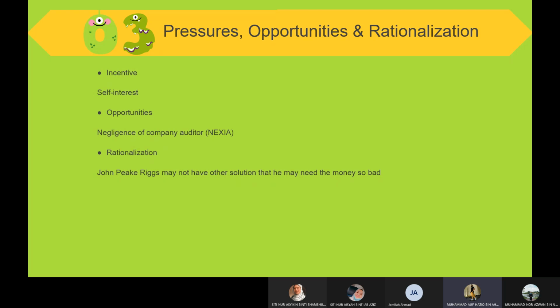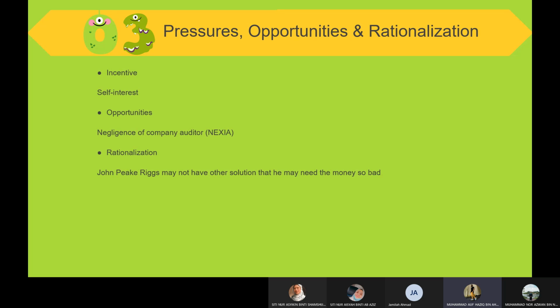Nexia is the company auditor that audits the JSI Shipping company based in Singapore and California. A special audit was conducted to know even deeper about the fraud that Rins made. The result shows that Rins took company funds of up to 1,808,000 during the relevant period.